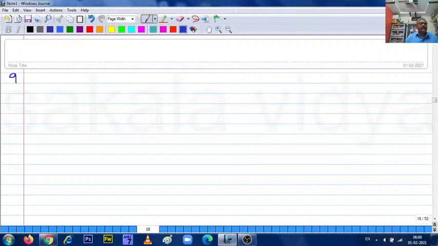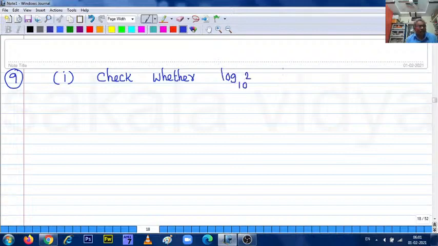So now the ninth question. In that, first one, check whether log 2 base 10 is rational or not.